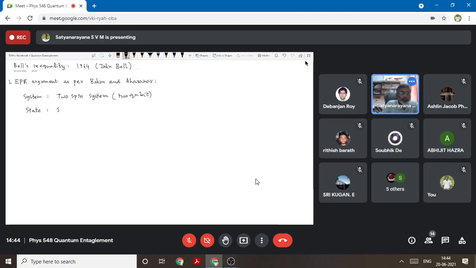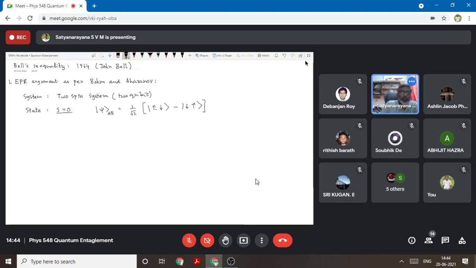That means the total spin is equal to 0. That means the state of the system, if I call this psi, is equal to 1 by square root of 2 times up down minus down up. Now I can choose the basis as the z basis.